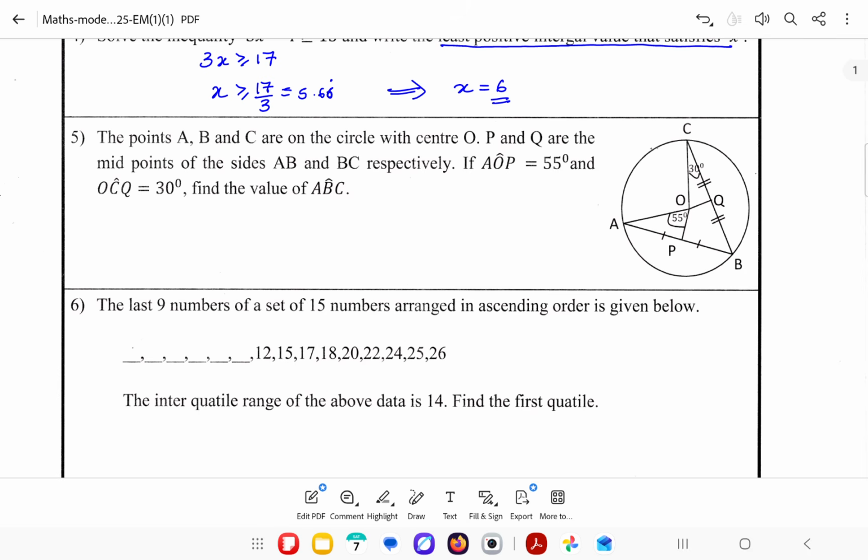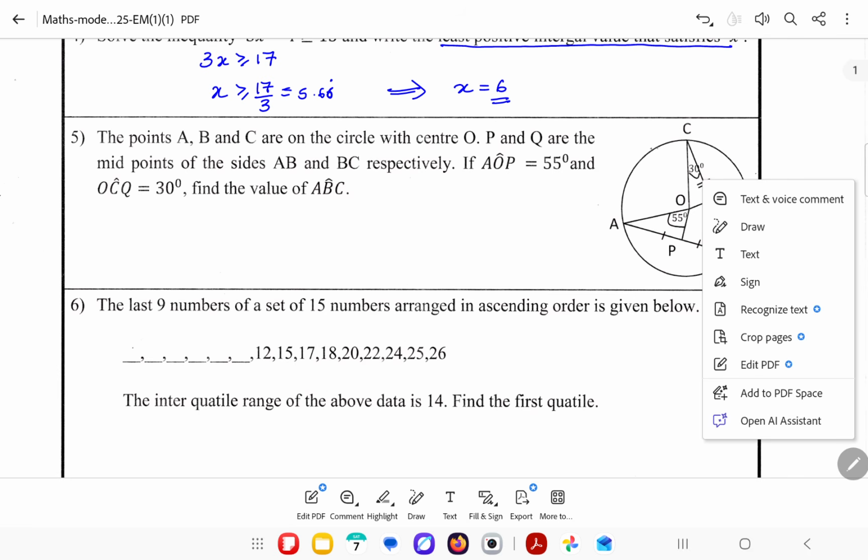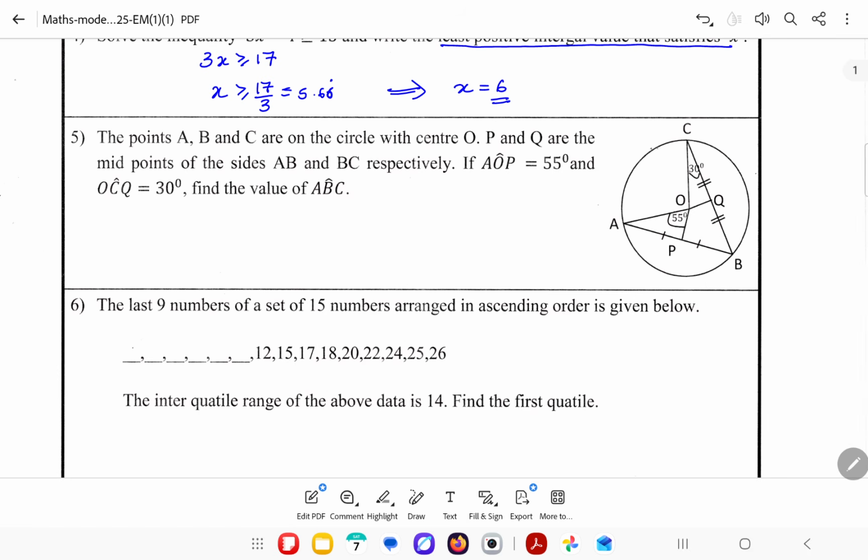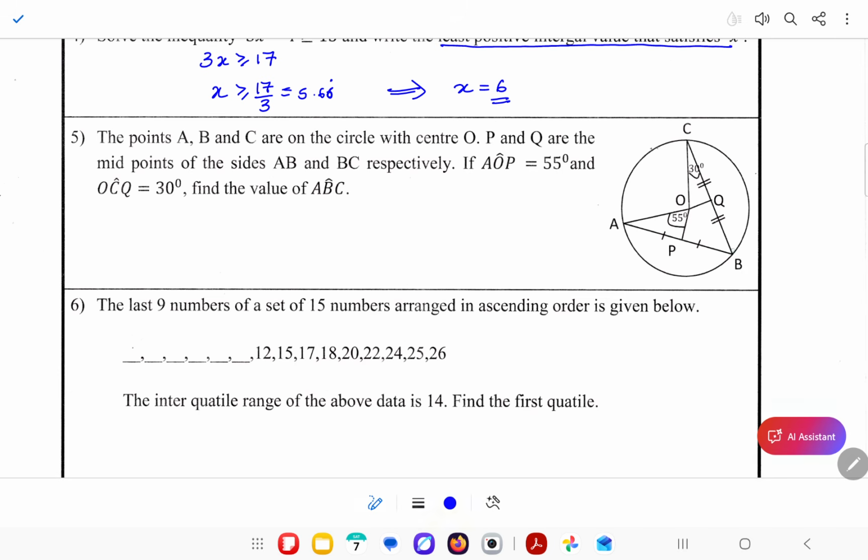Then let's look at number 5. ABC are on the circle with center O. P and Q are midpoints of the sides AB and BC. If AOP is 55 and OCQ is 30, find ABC. Let me label ABC as x.